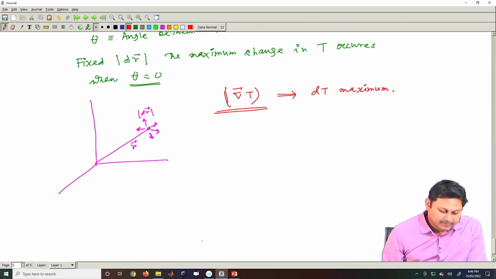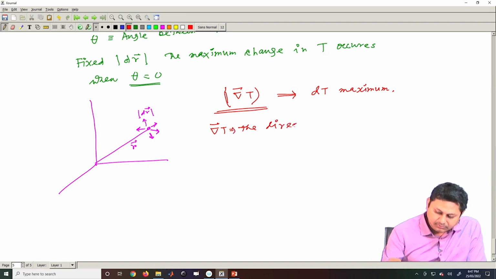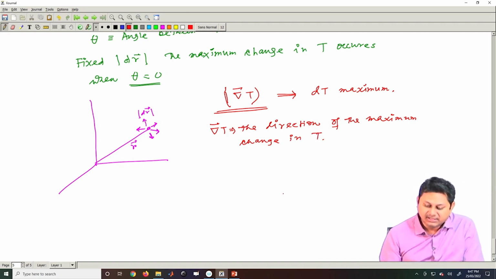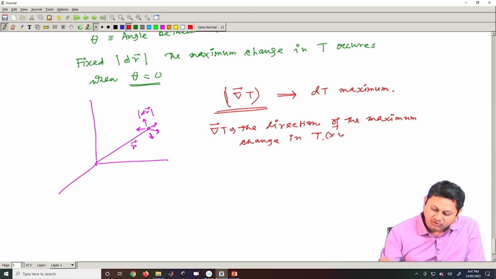Okay. So, what is the meaning of that? The meaning is that this quantity physically gives the direction of the maximum change in the scalar field T. So, I am having a scalar field T which is a function of x, y, z, and it is varying over space.